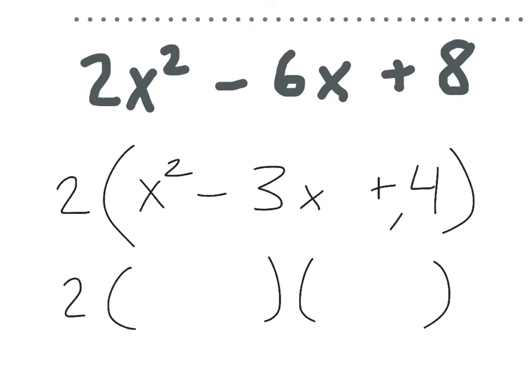So what are 2 factors of 4 that give us negative 3? 4 minus 1. What's 4 minus 1? 3, but we're looking for a negative 3. Negative 4 and negative 1?